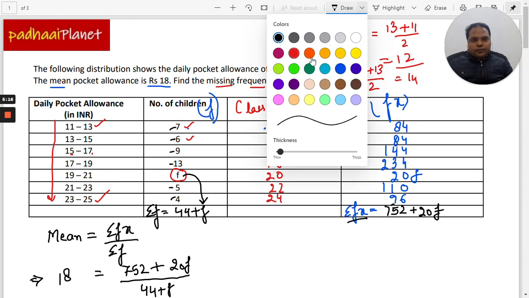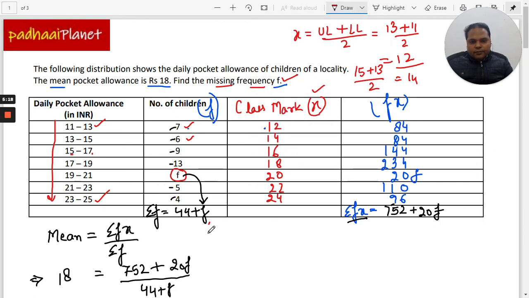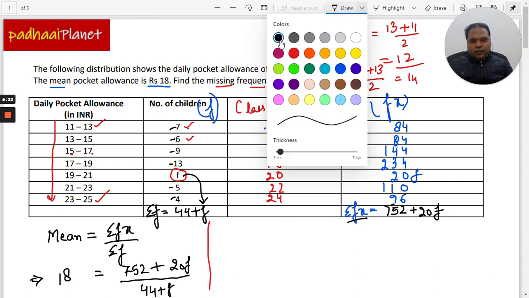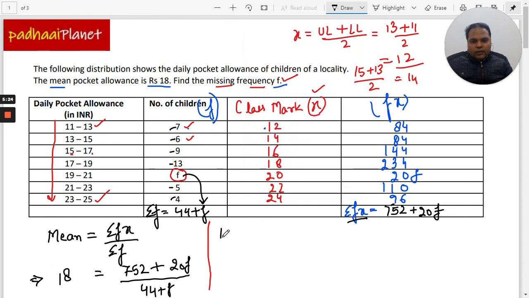Now we will simplify this further, and what we can write is 18 multiplied by 44 plus 18f is equal to 752 plus 20f.